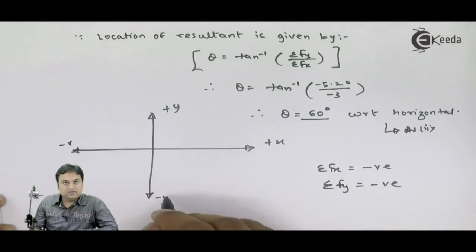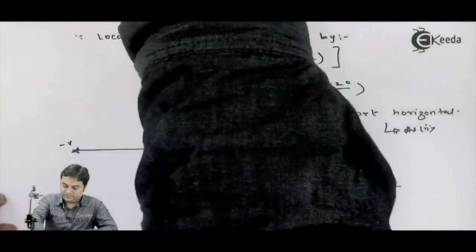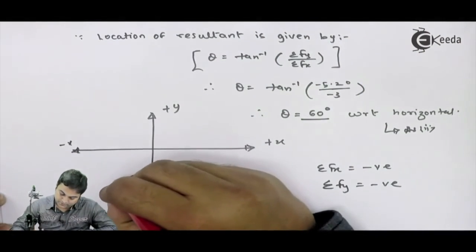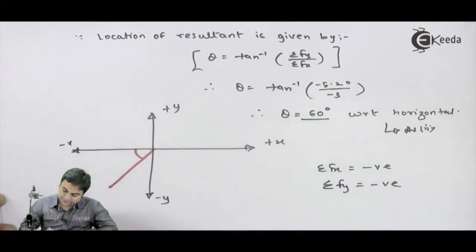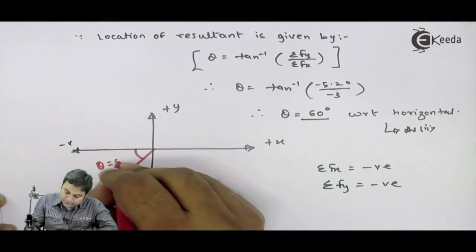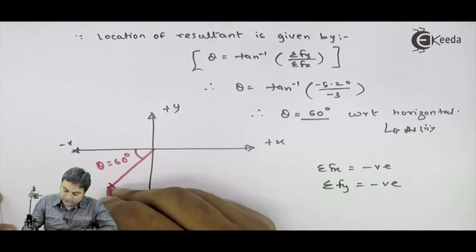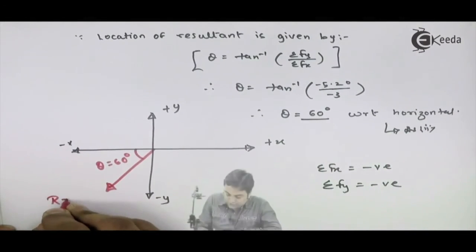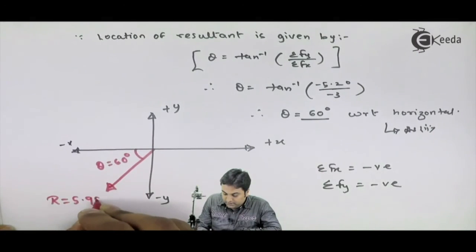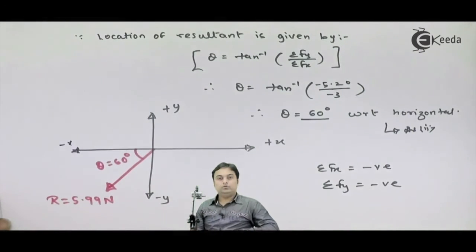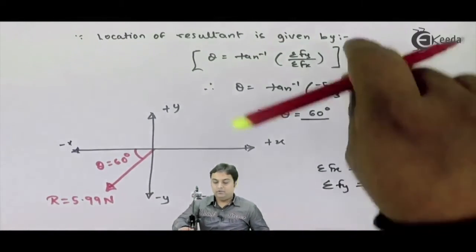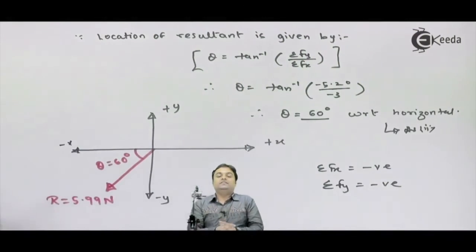It means the resultant will be in the third quadrant and its inclination is 60 degrees with respect to horizontal. So theta is 60 degrees with horizontal, and the resultant is 5.99 Newton. Once we have calculated and located the resultant, we can easily say that we have solved this question.